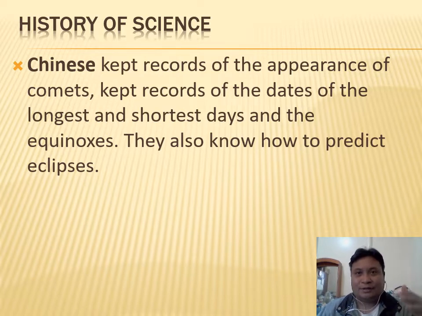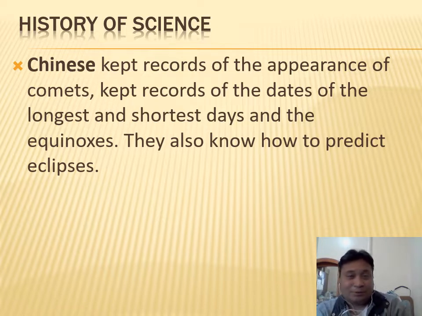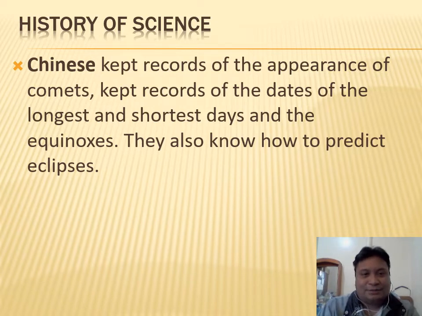And after that, we may experience longer nights, shorter days, or longer days than shorter nights. So that is what the Chinese have contributed to science. Okay, and also they know how to predict eclipses, both solar and lunar eclipse. Next.